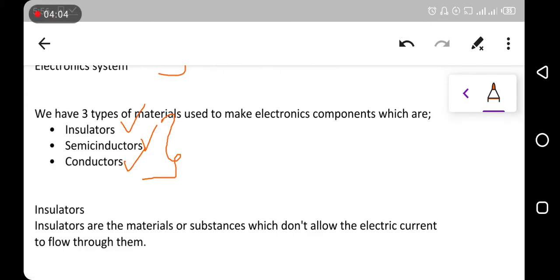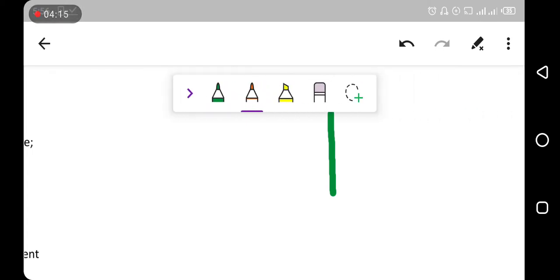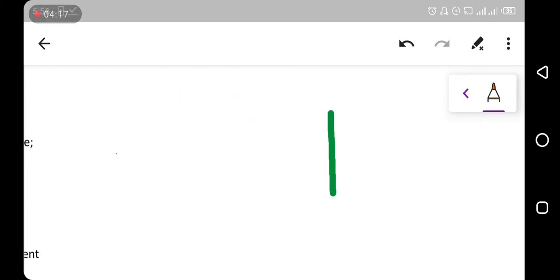If we need to know about the insulator, consider this is an insulator material. If we have electric current passing through and it meets the insulator, the electric current does not penetrate.